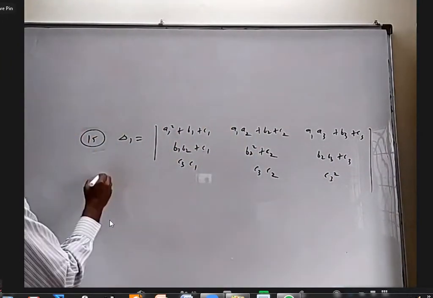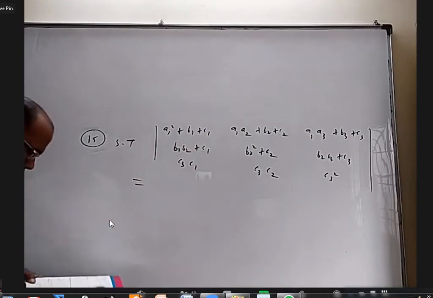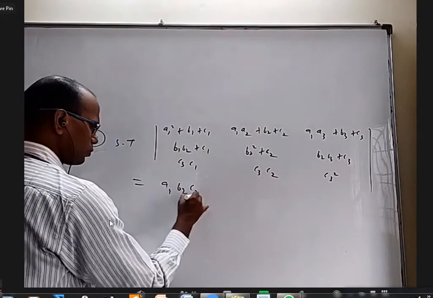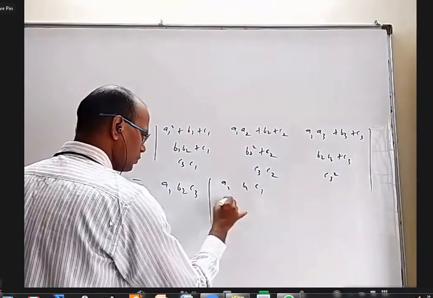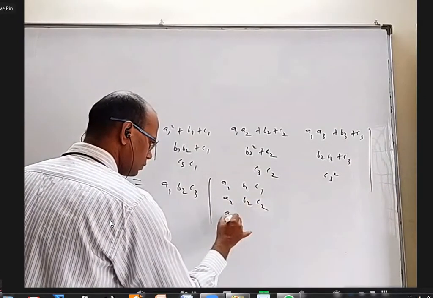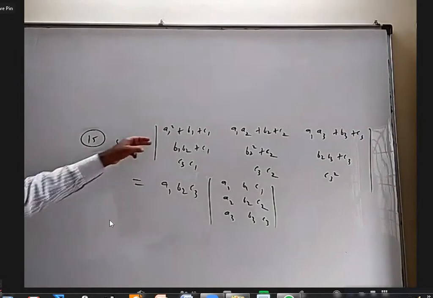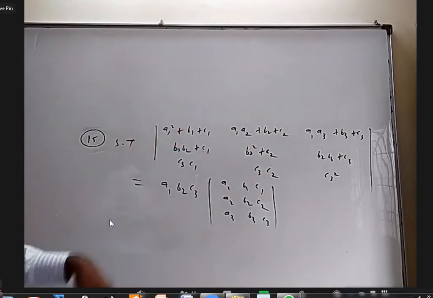Okay. Show that this is equal to A1 into B2 into C3 into the determinant A1 B1 C1, A2 B2 C2, A3 B3 C3. You have to show this determinant equal to this determinant without expanding, using some properties or something like that.